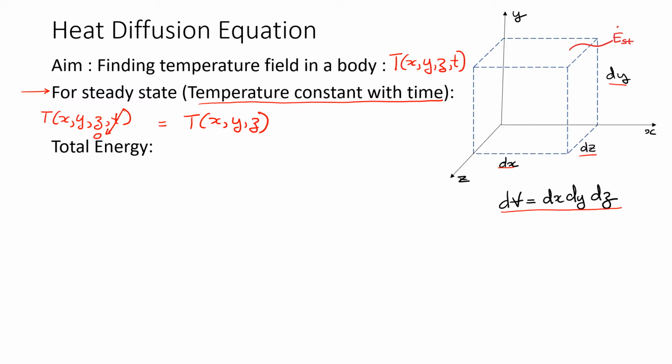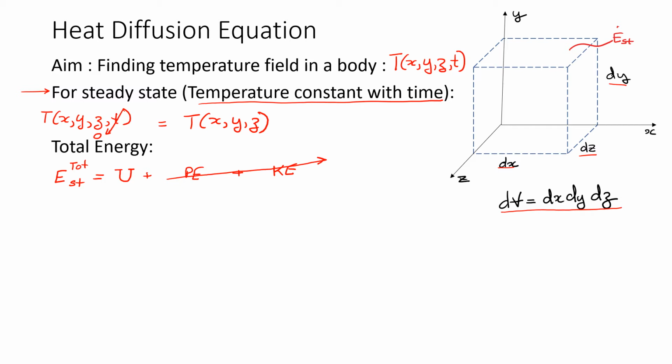So in general, if we look at the total energy stored in a system, the total energy stored will include the internal energy plus the potential energy plus the kinetic energy. But potential energy and kinetic energy will be ignored for this course.